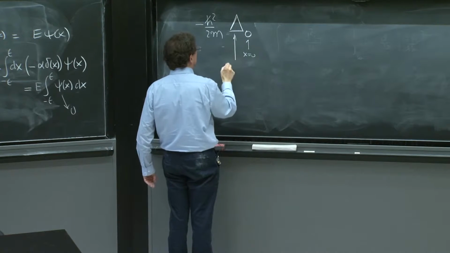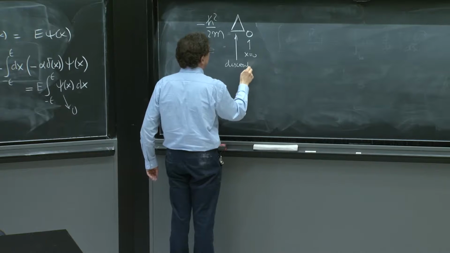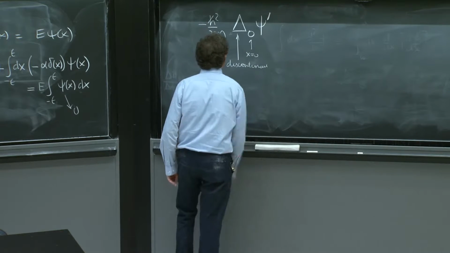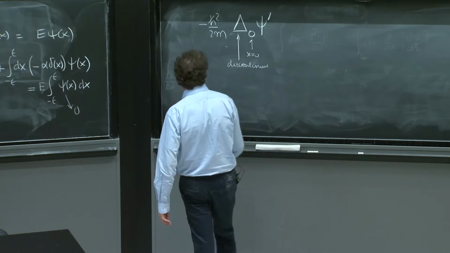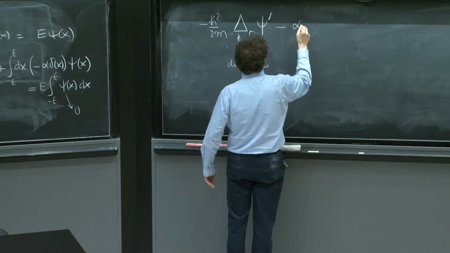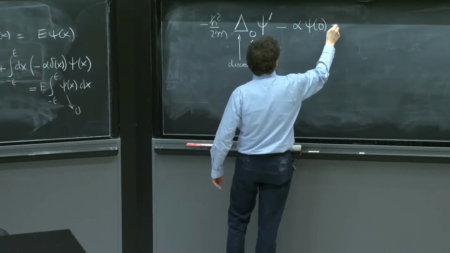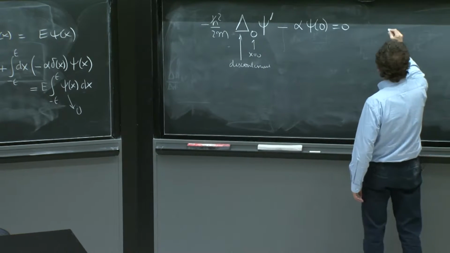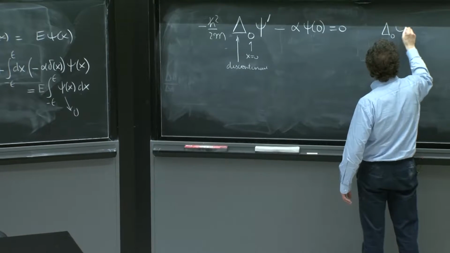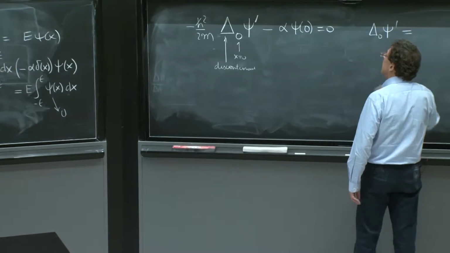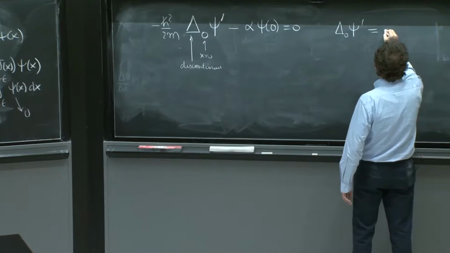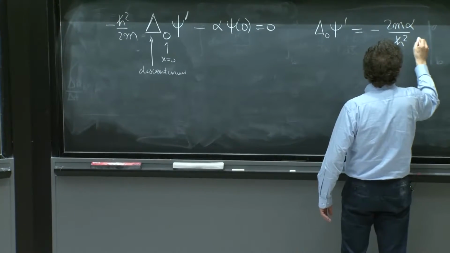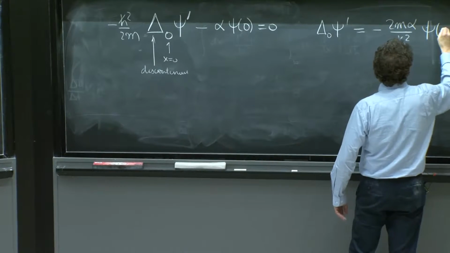So this is what we should call the discontinuity delta at 0, at x equals 0. And this is for discontinuity of psi prime at x equals 0 minus alpha psi of 0 equals 0. And from here, we discover that delta 0 psi prime is equal to minus 2m alpha over h squared psi of 0.